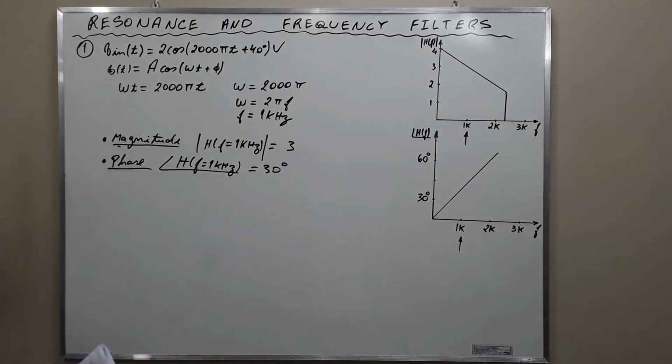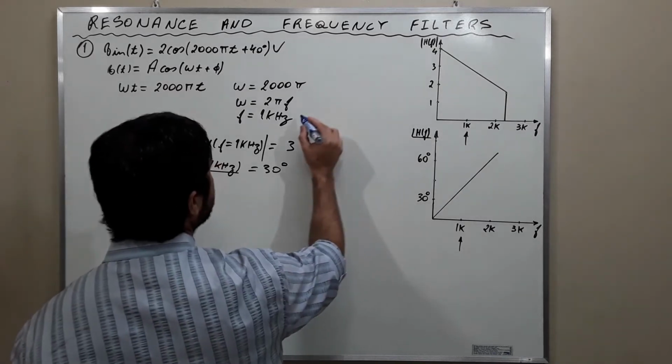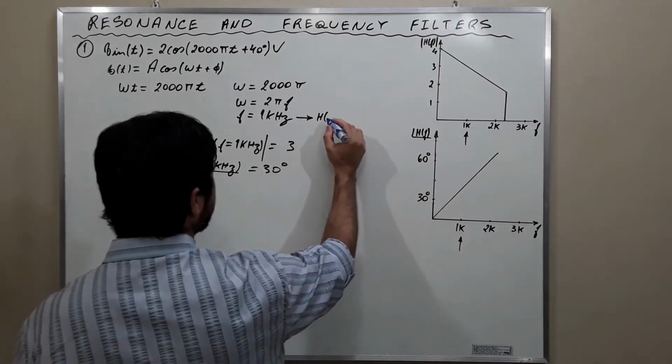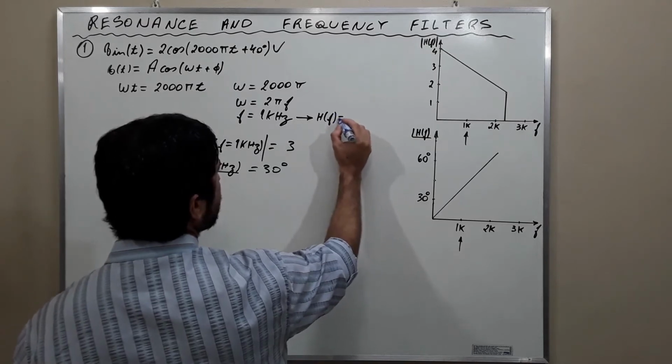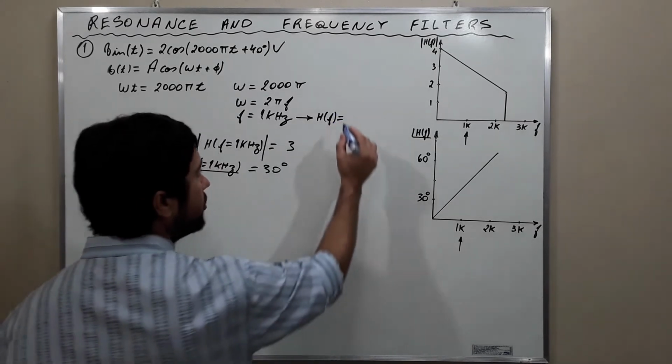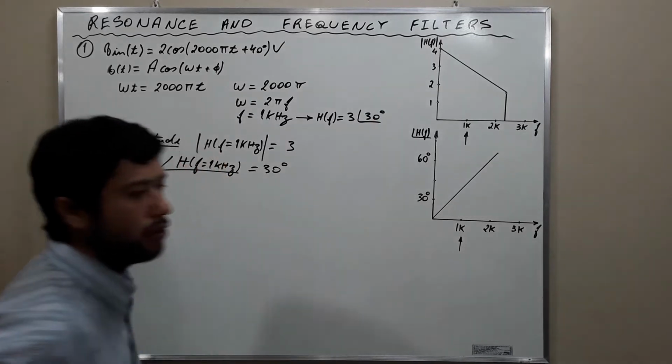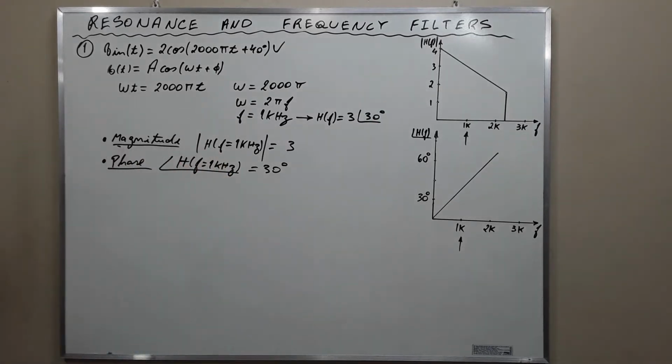Then, for the frequency of 1 kilohertz, the transfer function is 3 phase 30 degrees, okay?